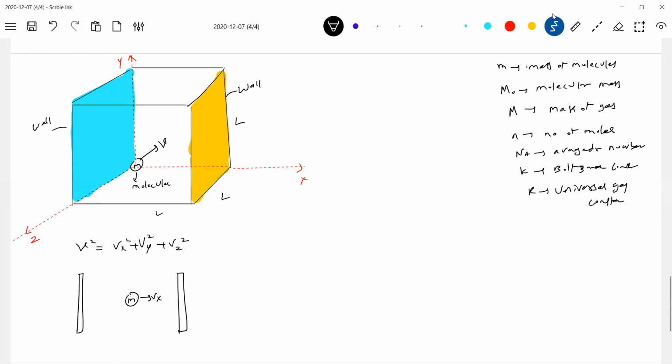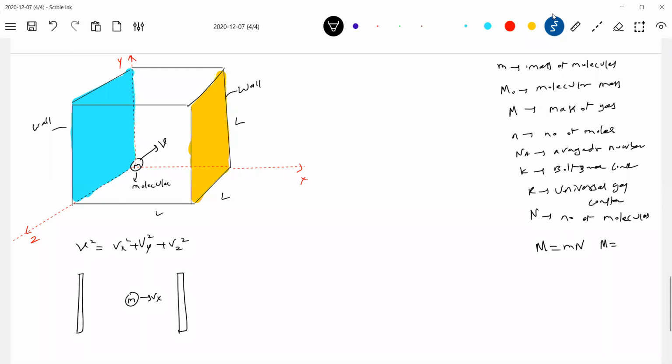Getting this one? So these are some formulas, how they are related. These are the symbols which I'll be using very often. One more, N, is the number of molecules. So mass of gas, I can write as mass of each molecule times number of molecules.